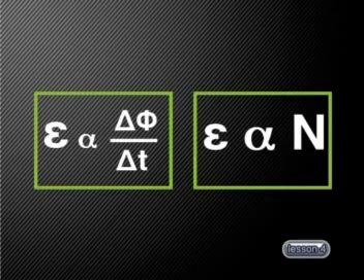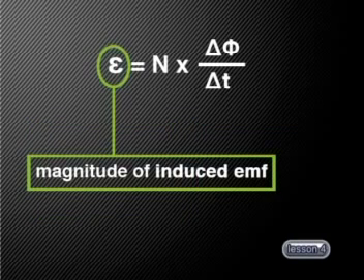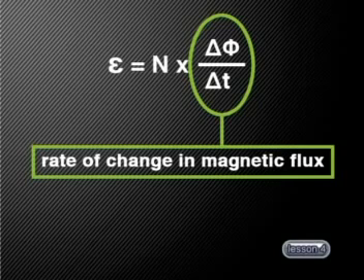These experiments have confirmed different types of relationships for induced EMF in a coil. Now we can combine the two relationships we have found and write an equation for Faraday's law as follows. E is equal to N times delta phi divided by delta T. E stands for the magnitude of the induced EMF, N the number of turns in the coil, and delta phi over delta T is the rate of the change in magnetic flux.